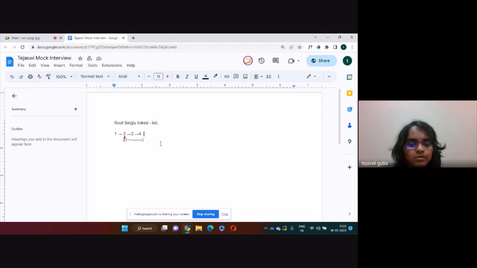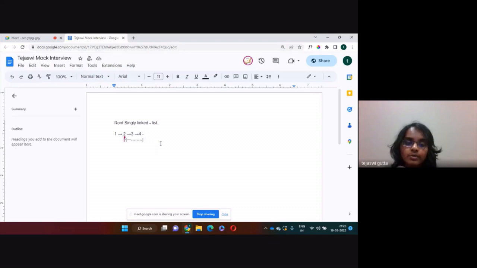I think I can make use of a slow and then fast pointer here. So the slow pointer would be moving one node at a time, and then the fast pointer would be moving two nodes forward at a time. While this is happening, if at any point my fast pointer is equal to null, then I would say that there's no cycle in this linked list.